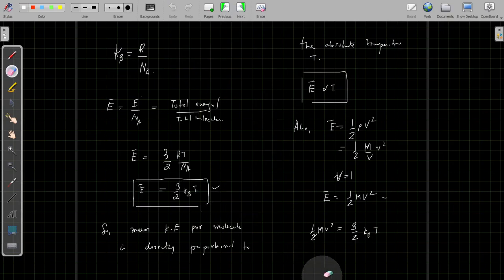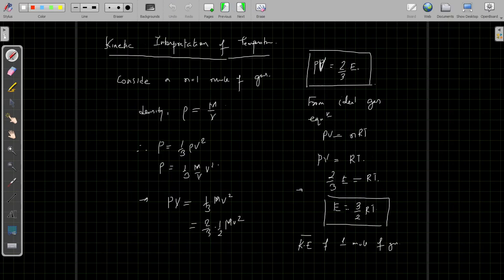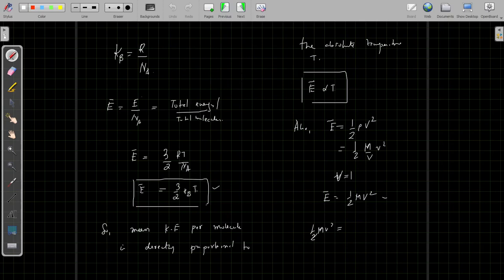We have just now proved it would be better to take 3 by 2 RT energy, right? So this is the average mean kinetic energy per 1 mole of gas. This is also 1 mole volume. So we will take this as 3 by 2 R into T. So 2 gets cancelled. I'm left with R by M into T.